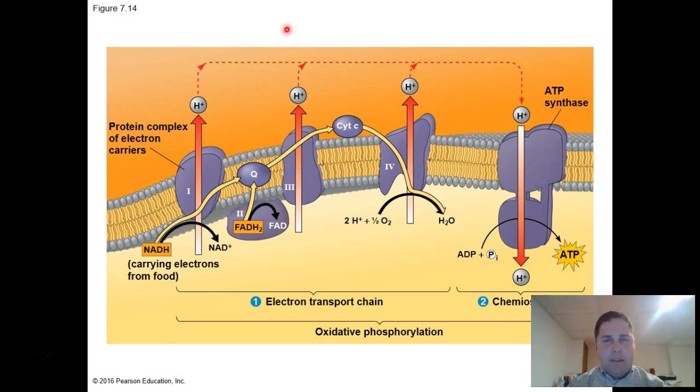Once the concentration of H+ is suitably high, it will be allowed to return through passive transport through an enzyme known as ATP synthase in a process we call chemiosmosis. So we pump out lots of H+, and we allow that H+ to come through.